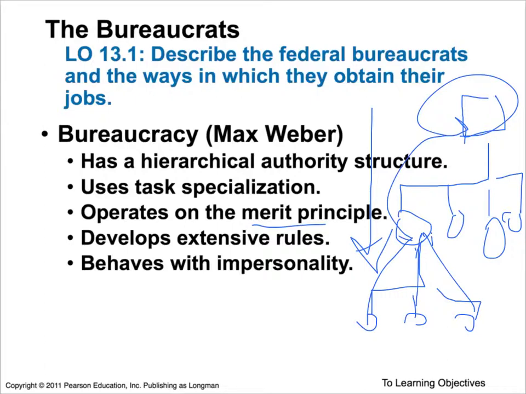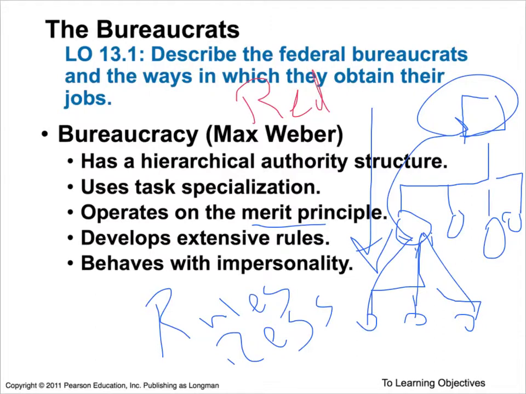Also, a bureaucracy develops extensive rules. So as you go down the line of hierarchy, you will have rules and regulations, and the government is full of it, literally. Of course, we usually identify all of this as being red tape.